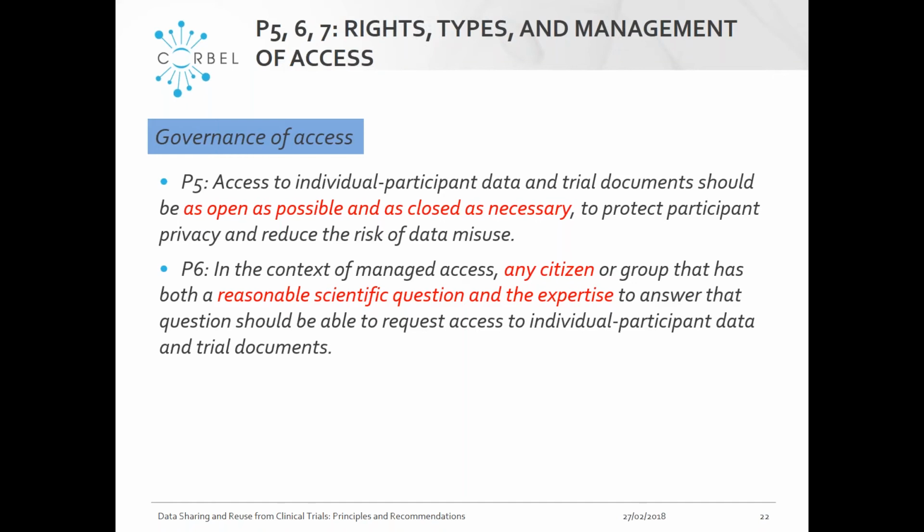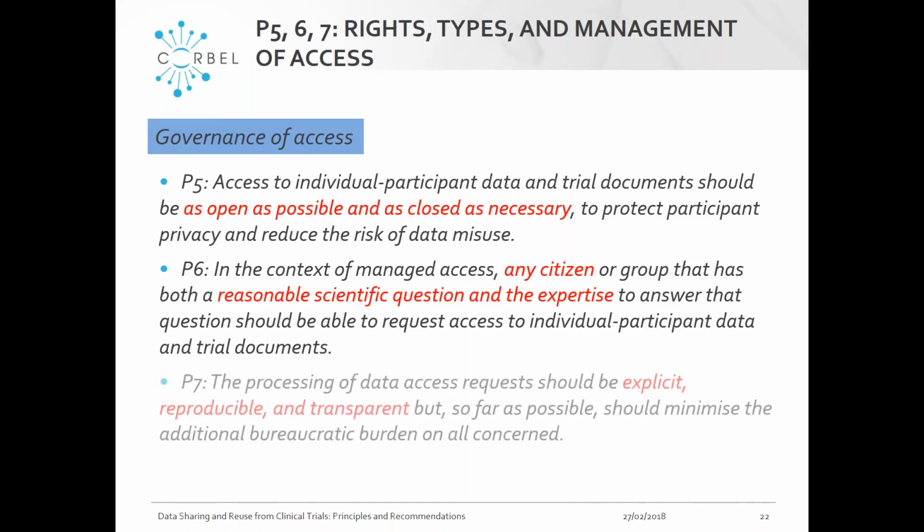And we will see what we mean by that. And the third principle in this regard concerns the characteristics of any model for data access request, that should be explicit, reproducible, and transparent.